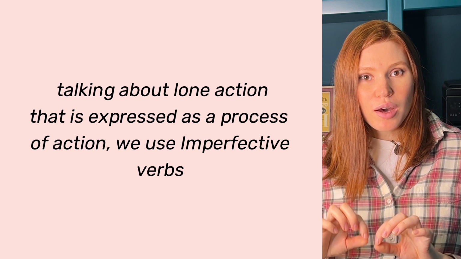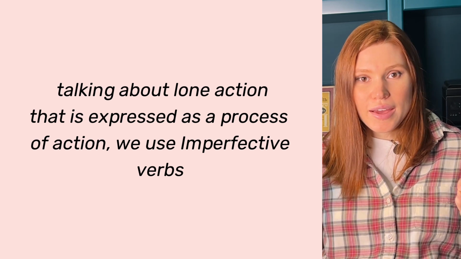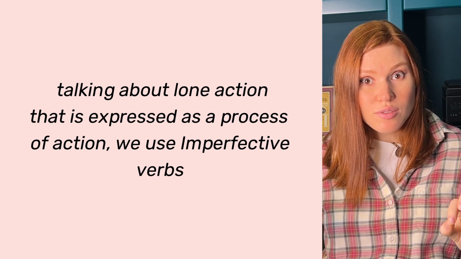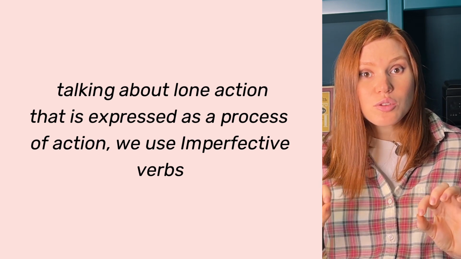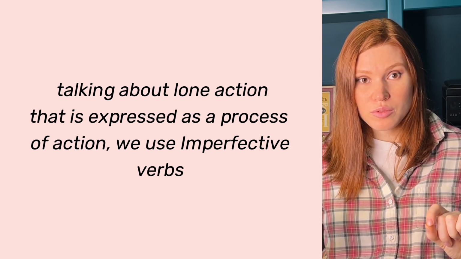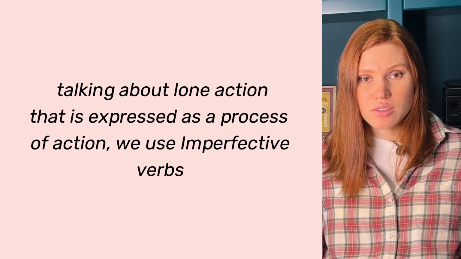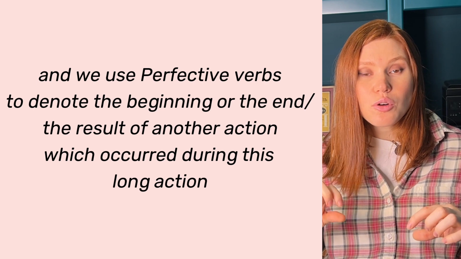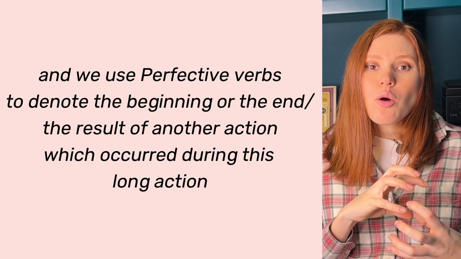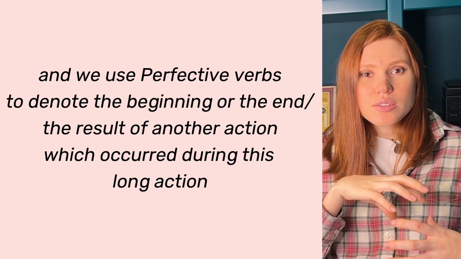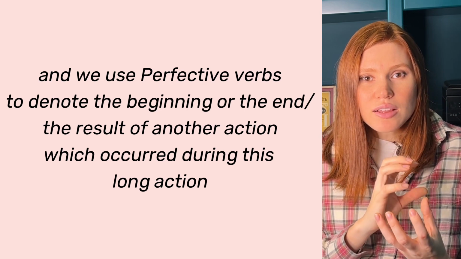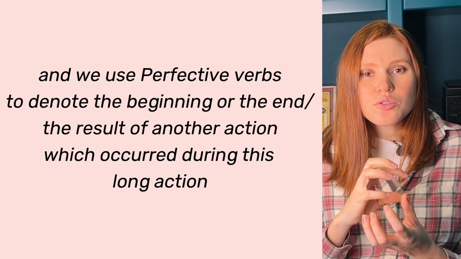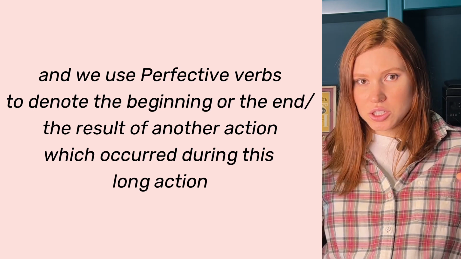Talking about a long action that is expressed as a process of action, we use an imperfective verb. And we use perfective verbs to denote the beginning or the end or the result of another action which occurred during this big action.